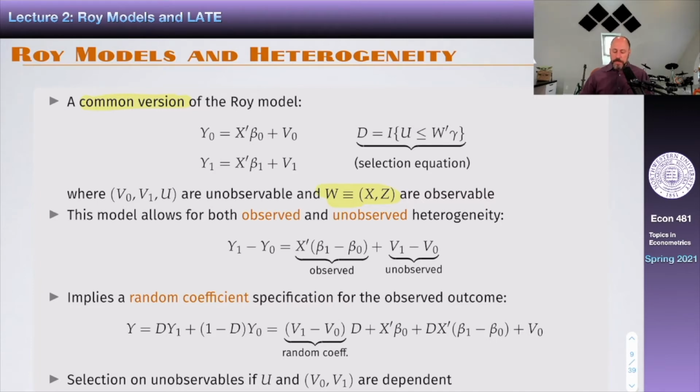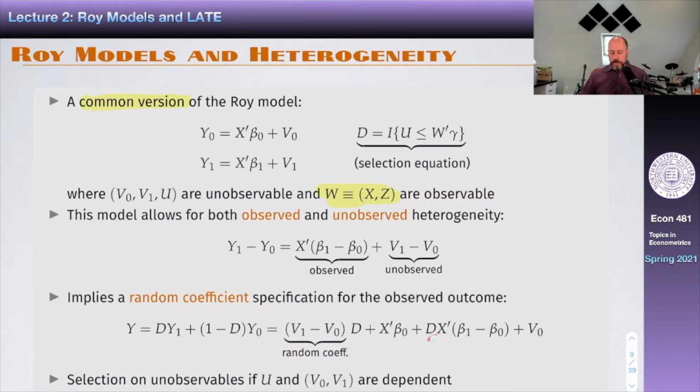And when you remember that we don't care about the x's, what we care about is the coefficient on D. If we write the observed Y as D times Y1 plus 1 minus D times Y0, and you work out this expression in the usual manner, the coefficient that is multiplying D is random. And it's just b1 minus b0. And this is called a random coefficient model. Notice that this is random, but the components that multiply the x's and the product of the x's with the treatment are just constant coefficients.